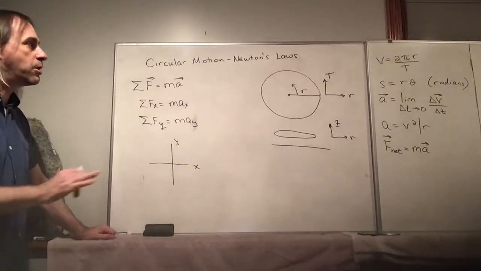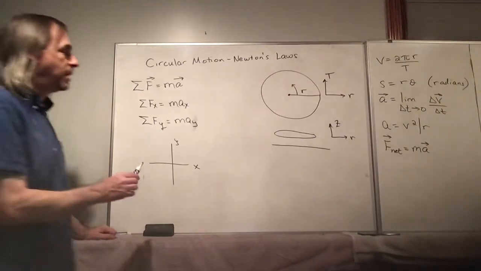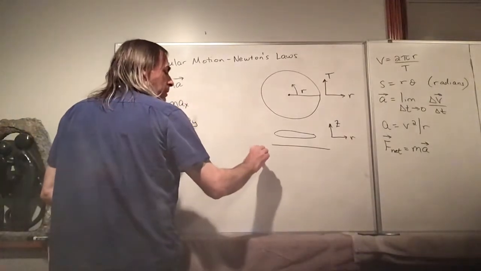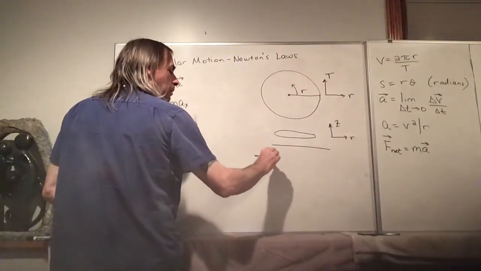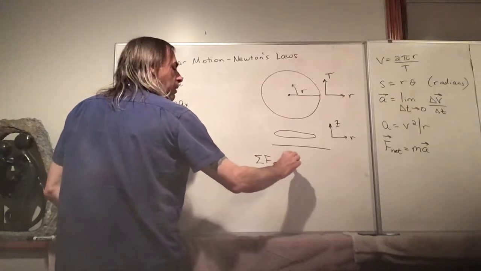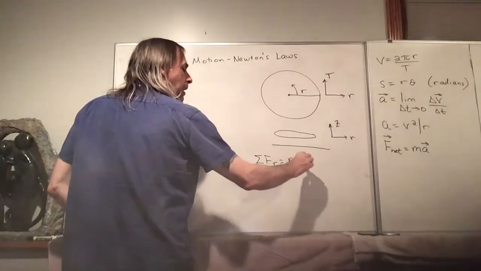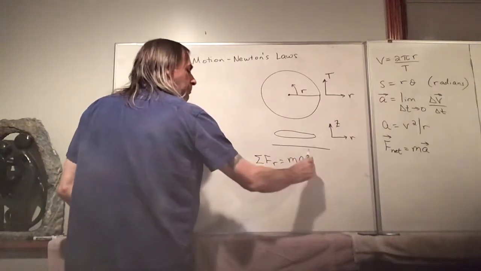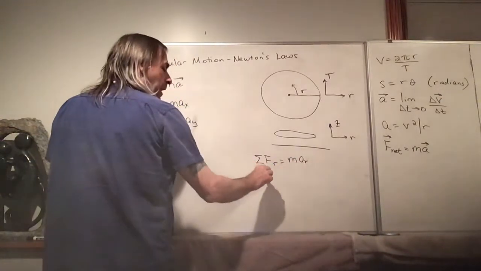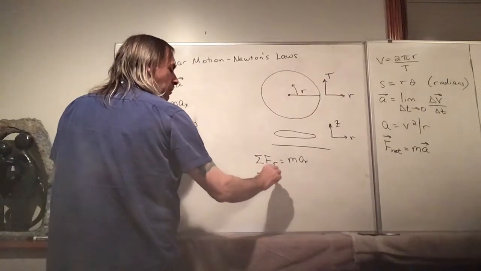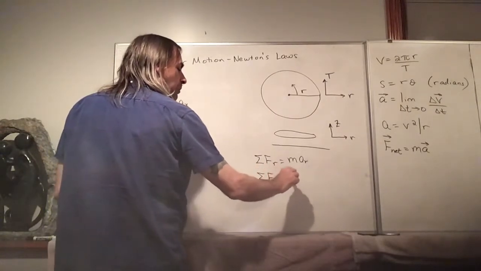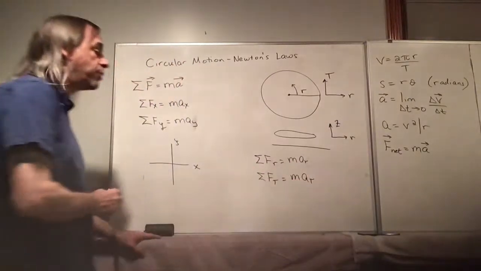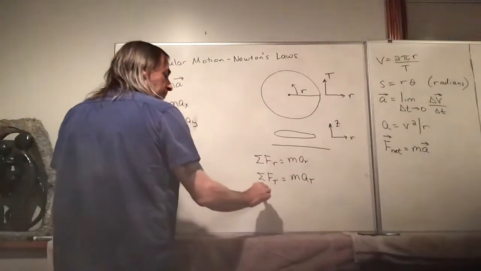let's just talk about circular motion in general. Again, we can break this up. We can say that the net force in the radial direction is mass times acceleration in the radial direction. And the net force in the tangential direction is mass times acceleration in the tangential direction.